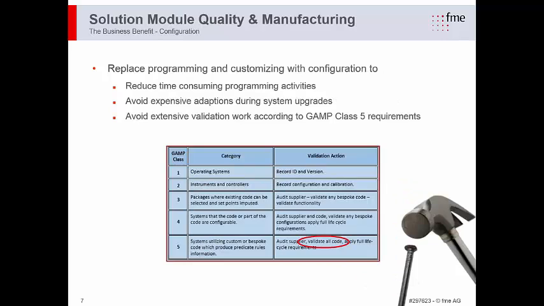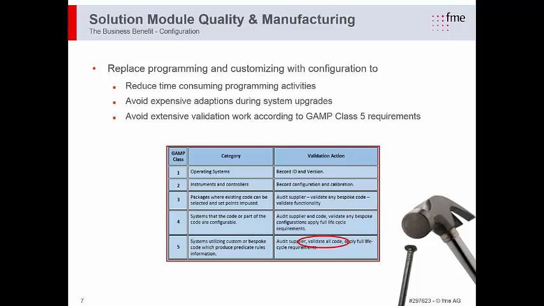Replacing programming and customization with configuration. What does that mean? We all know that programming consumes a lot of time, a lot of work, a lot of risk, and we also experience a lot of expensive, extensive work during adaptations if the system comes to an upgrade.